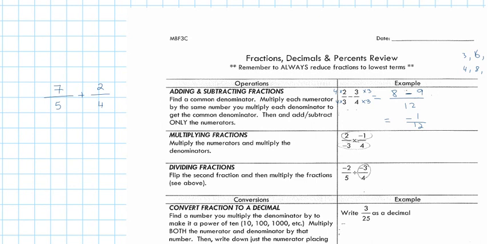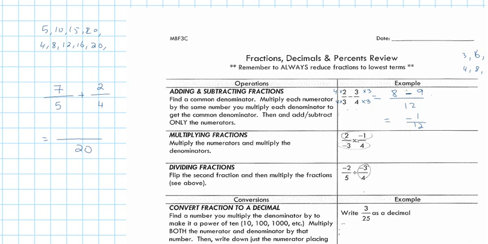What are the multiples of 5? 5, 10, 15, 20, 25. What are the multiples of 4? 4, 8, 12, 16. So up to 16, there is nothing common. You see 20 is a common multiple, right? So that means my denominator is going to be 20.